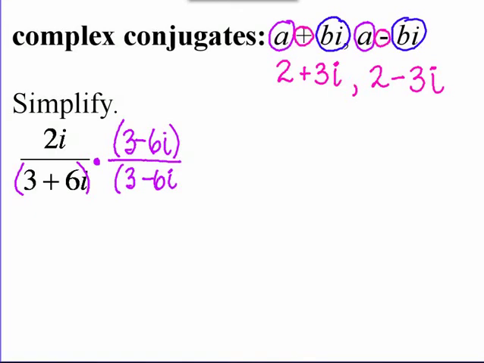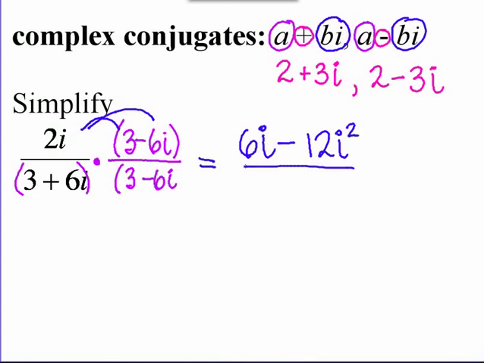So to simplify that, what I'm going to do is distribute the 2i. What do I get on the top? 12i squared. Good. We'll come back and take care of that in a little bit. On the bottom, the neat thing about conjugates is that they save you some time. With conjugates, the middle terms drop out, so you don't have to FOIL this whole thing out. All I'm going to have to do is multiply the first and the last.